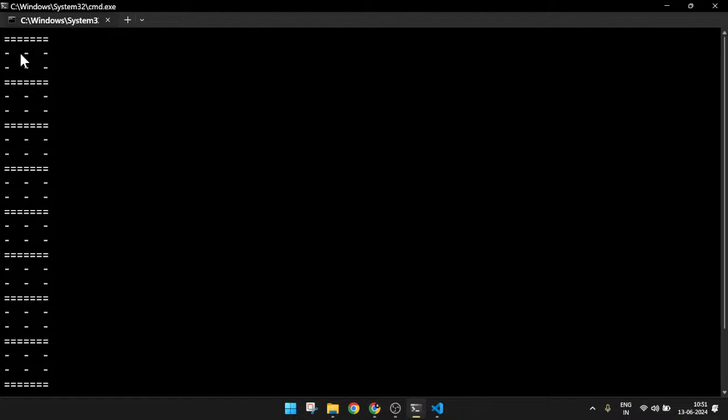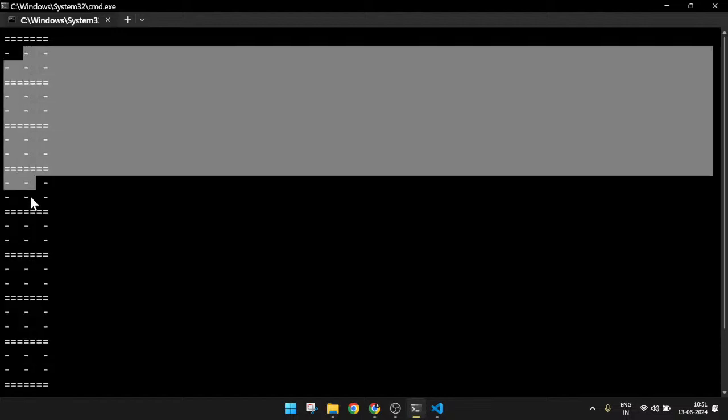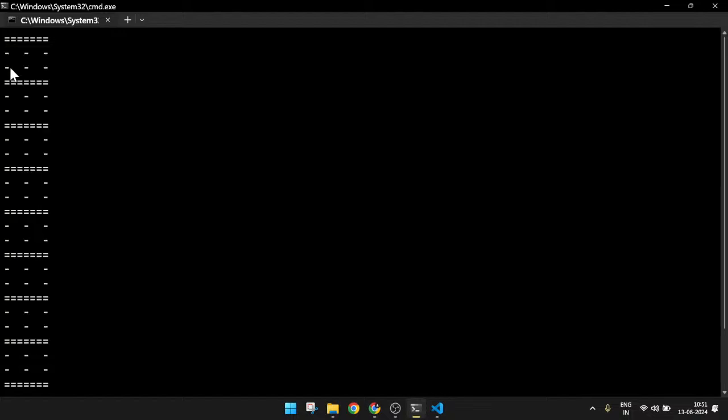Okay. Now what our algorithm will do is add all the males in this section first. Okay? In this section. Then if this section is full, it will add males in this section. And what if this section is also full?